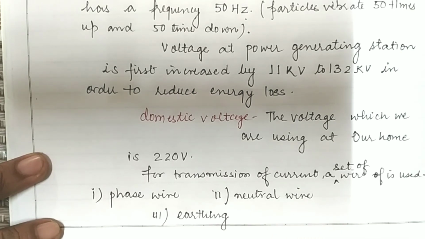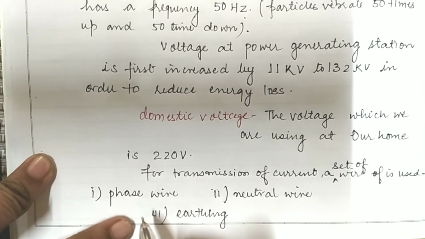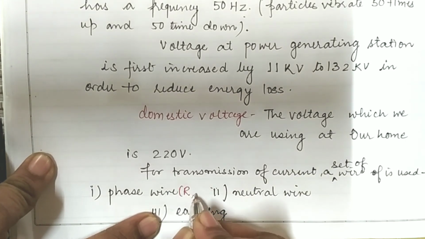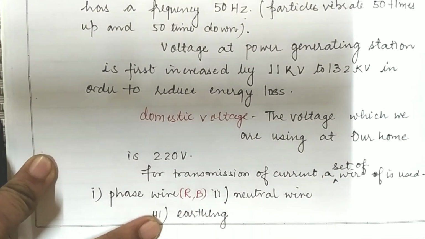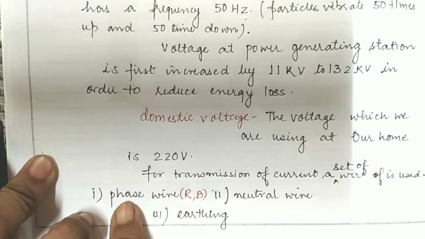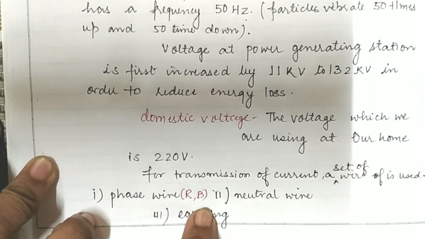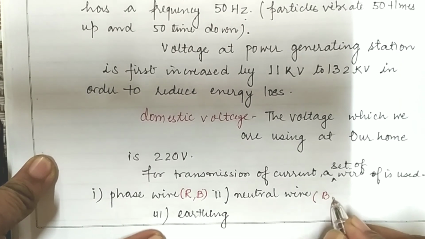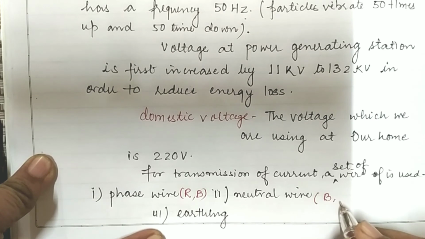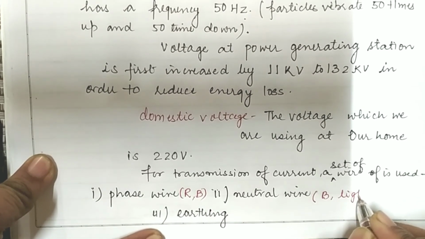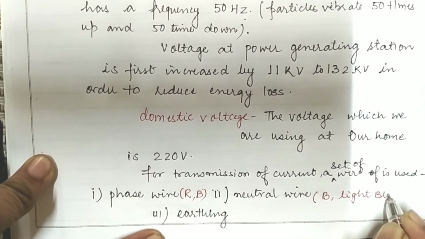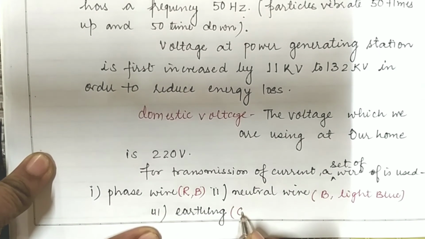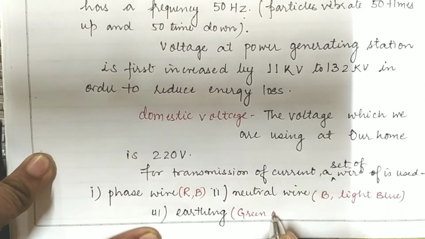Hopefully you have all got the point of how the power is generated and how it can be transmitted. Children, how can we find the phase wire? Basically the phase wire is of red or brown color. The neutral wire is of black or light blue color, and the earthing wire is of either green or yellow color.